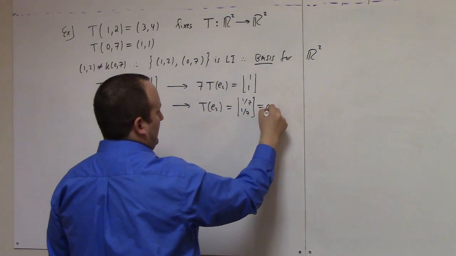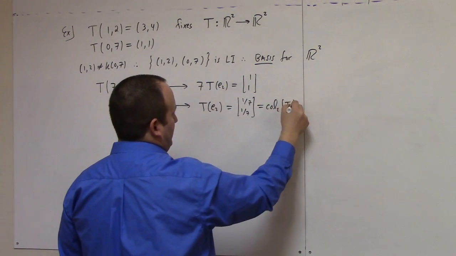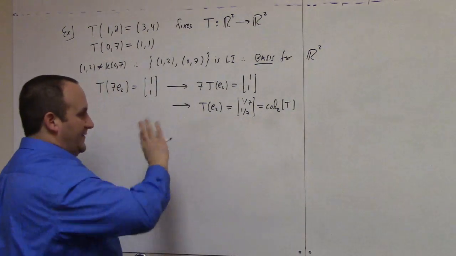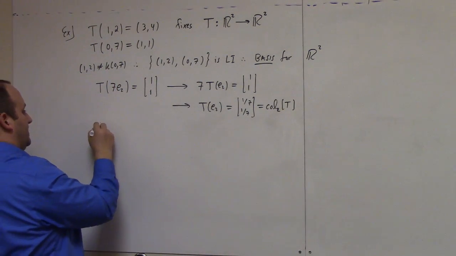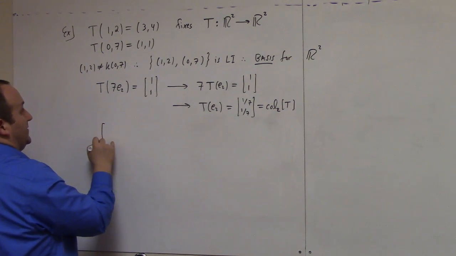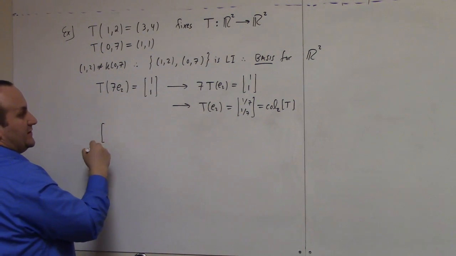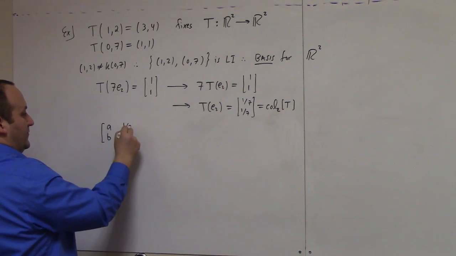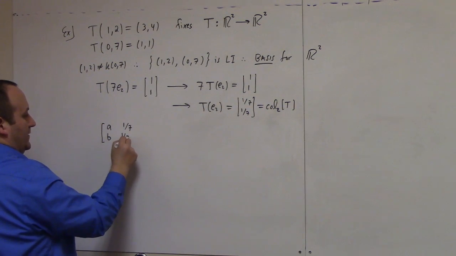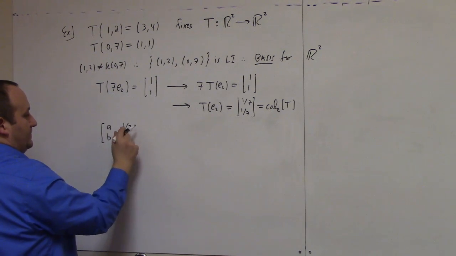But that's column 2 in the standard matrix for T. So that's half of the battle done. The standard matrix looks something like this. I'm just going to use some letters, A, B, I don't know what those are yet, and then 1/7, 1/7. So I'm trying to find what A and B are.